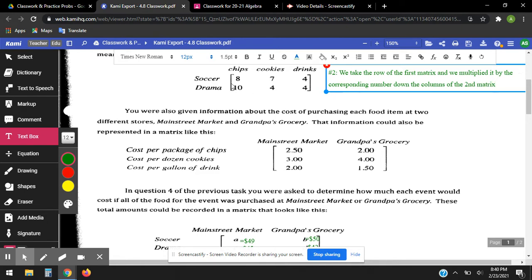I took the top row and multiplied it by their corresponding pieces on this column. So it was a row times the column as we were going on there. So that's really what we did. Row times column, row times column, row times column, row times column.